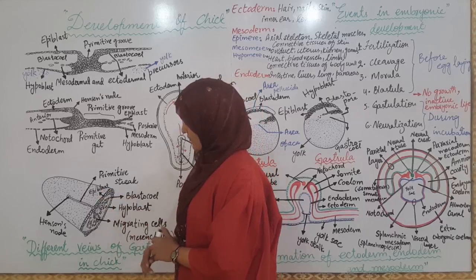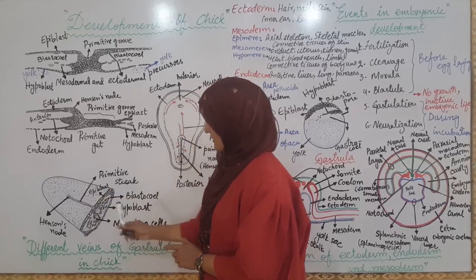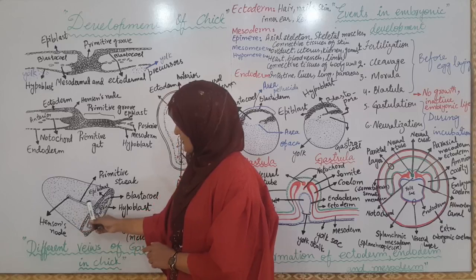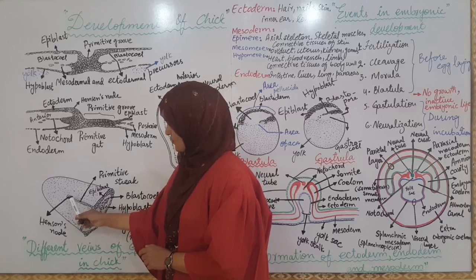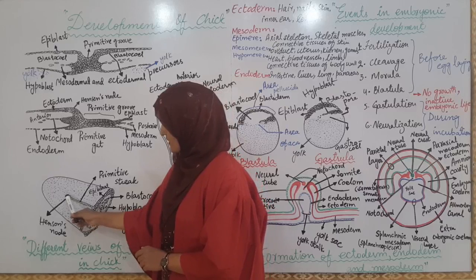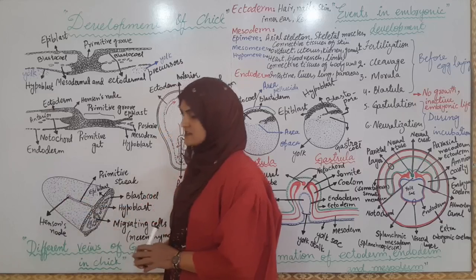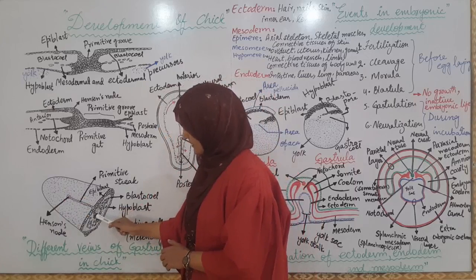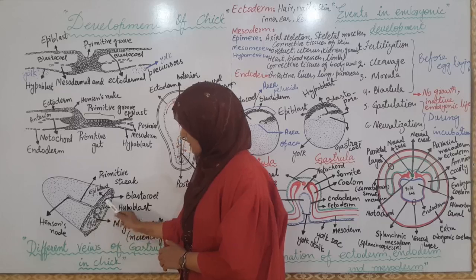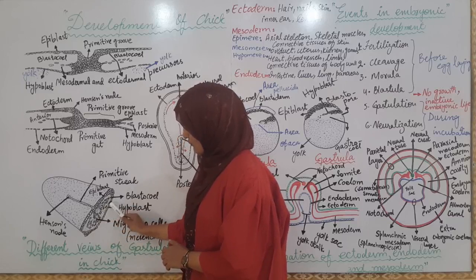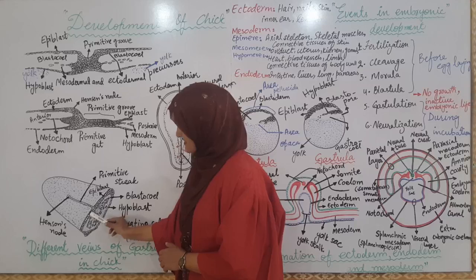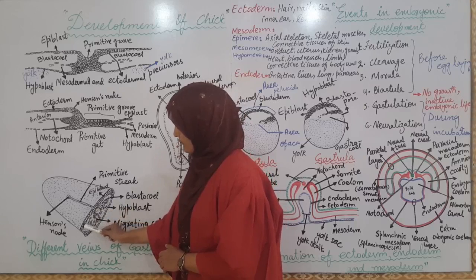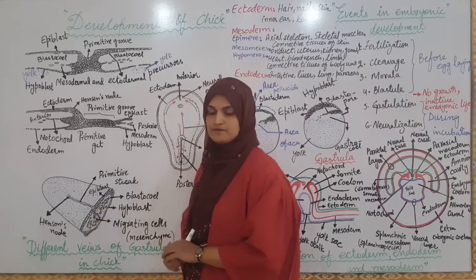It is the upper view of gastrulation. Here is the primitive streak and here is the Hensen's node. When the epiblast moves inside the Hensen's node, the notochord is formed, while when it moves laterally, then mesoderm is formed, while with the hypoblast endoderm is formed, while the remaining cells that do not migrate through the primitive streak form the ectoderm.